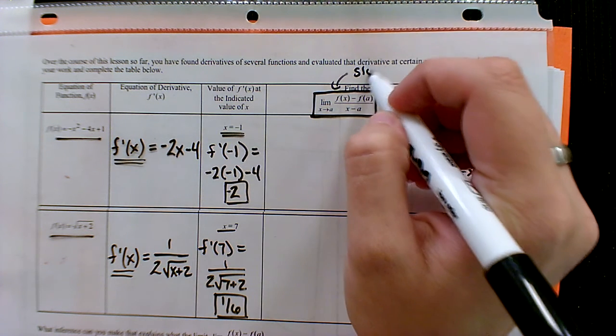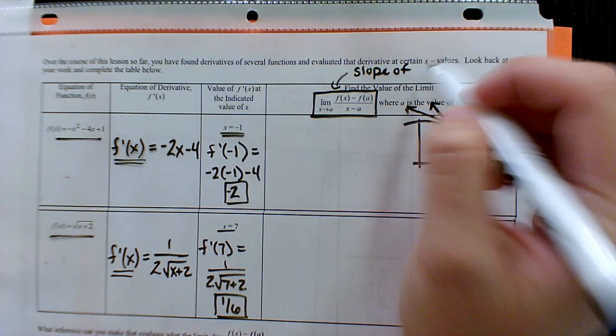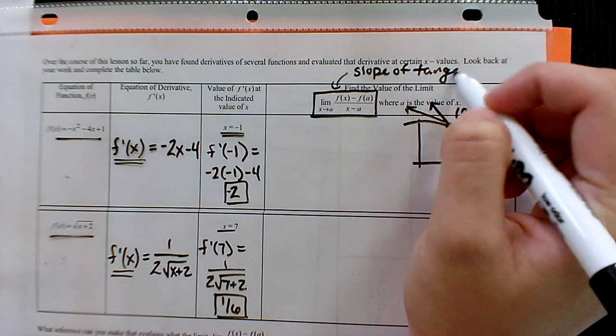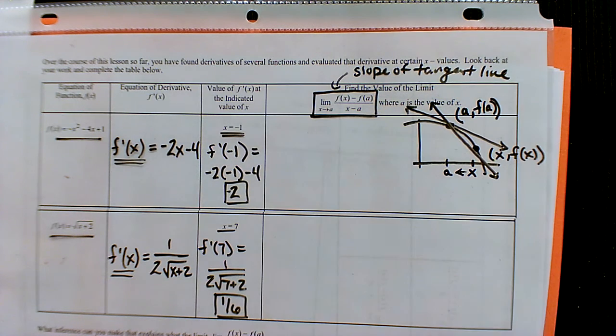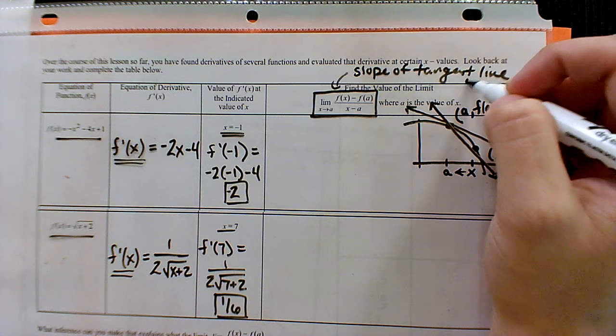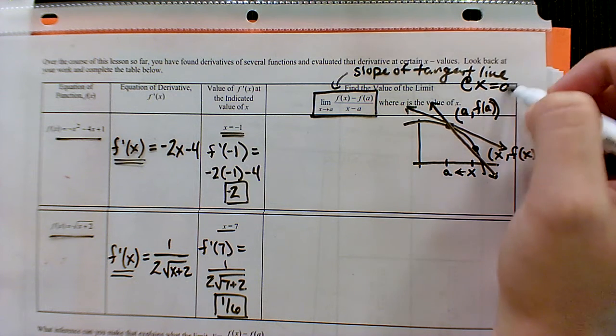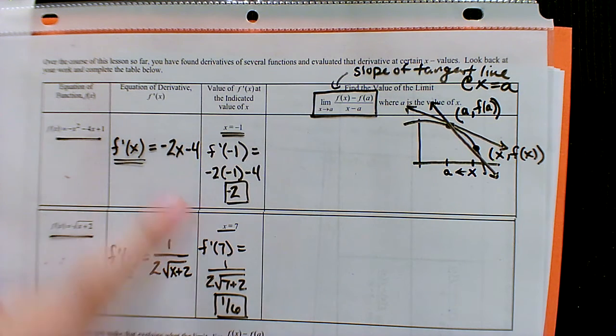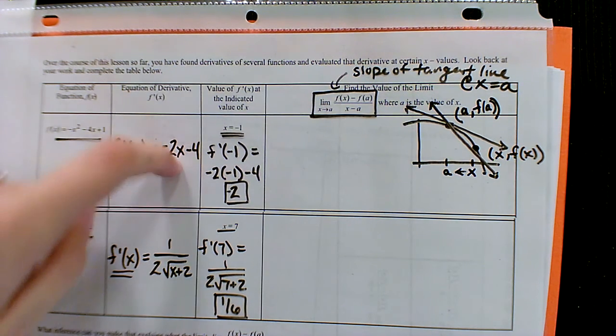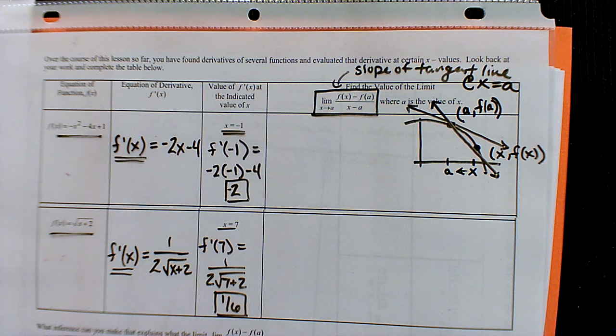So this is still the slope of the tangent line, but it's specifically at this location of a. It's no longer representing an equation that could let us find any point we wanted. It's now representing the slope at one point that we are really interested in.